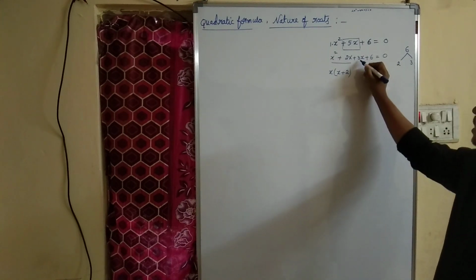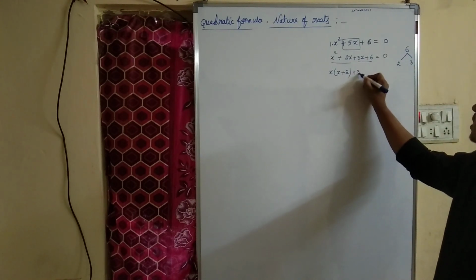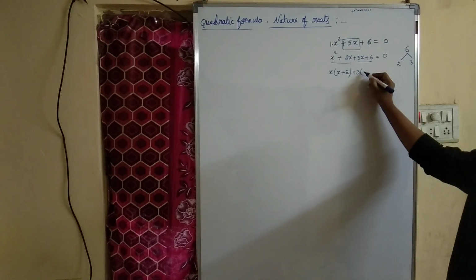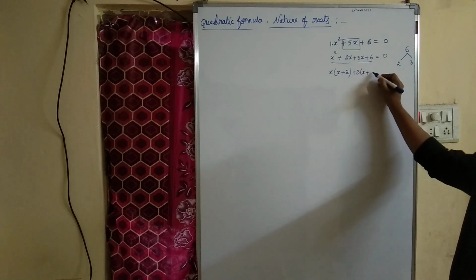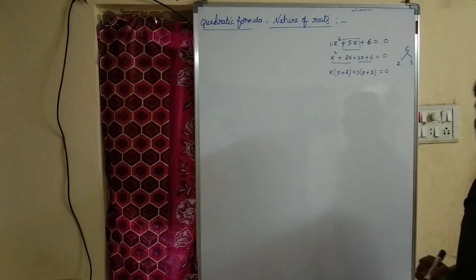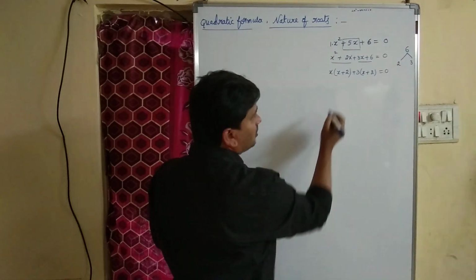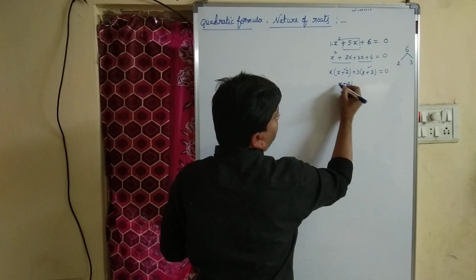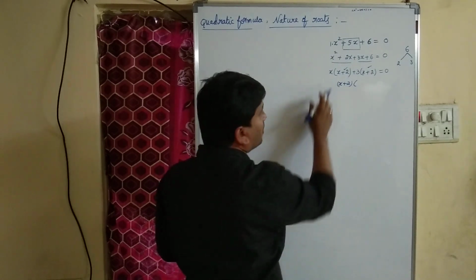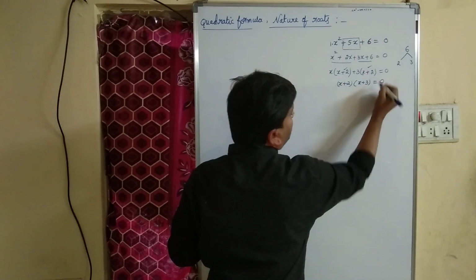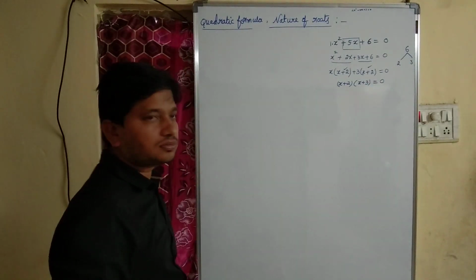And at the same time, from these two terms, if I take 3 as common, 3 into x, 3x, plus 3 into 2, 6, which is equal to 0. Now I can take x plus 2 as common. If I take x plus 2 as common, I have x plus 3 here. x plus 3 equal to 0.